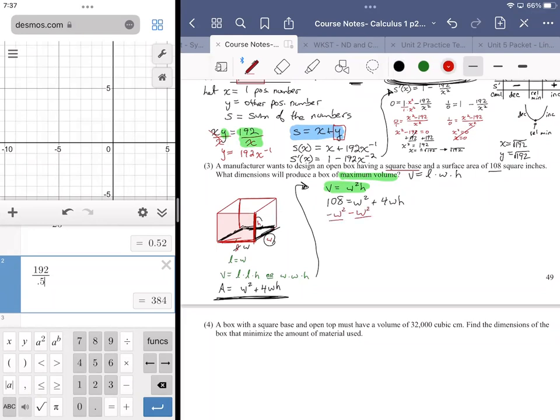If I subtract the W squared, you get 108 minus W squared is equal to 4WH. Then I could just divide out the 4W. And now I have H all by itself, and I could use that to sub into the other equation for H.